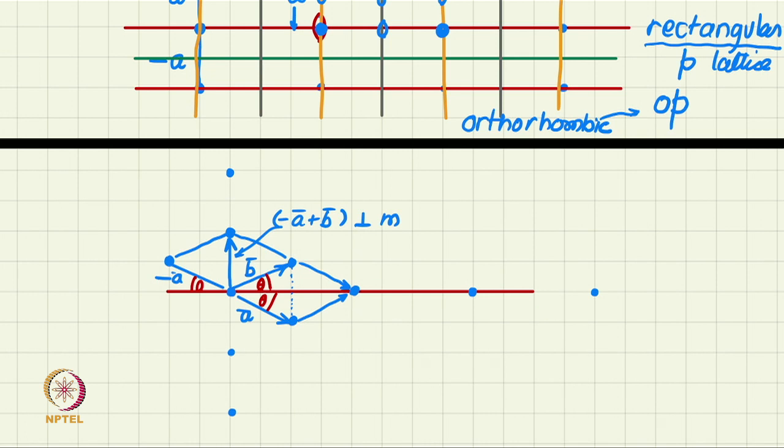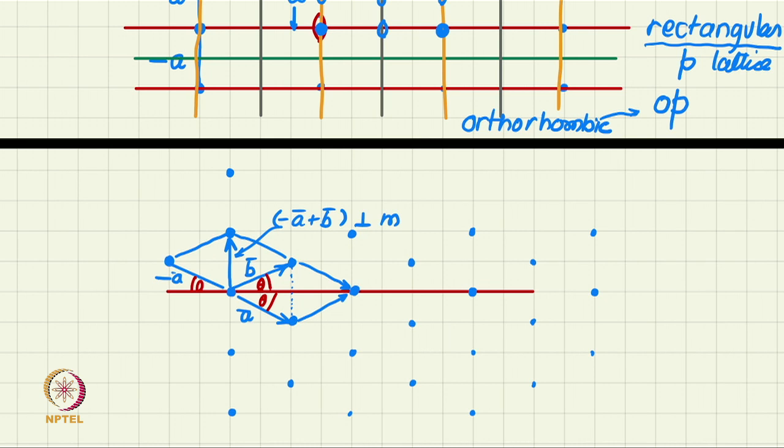But now, if you look at this lattice, the lattice which you have created, it's slightly different. It's not primitive. If you think in terms of the rectangle, it is having centers also of the rectangle.